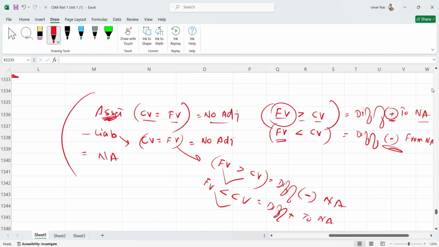But if fair value of certain asset is less than carrying value, then the difference will be deducted from net assets. And in a similar way for liability, if carrying value equals fair value of liability, no adjustment is required. But if fair value is greater than carrying value, then this difference will be deducted from net assets. If fair value of liability is less than carrying value, then this difference will be added to the net assets.